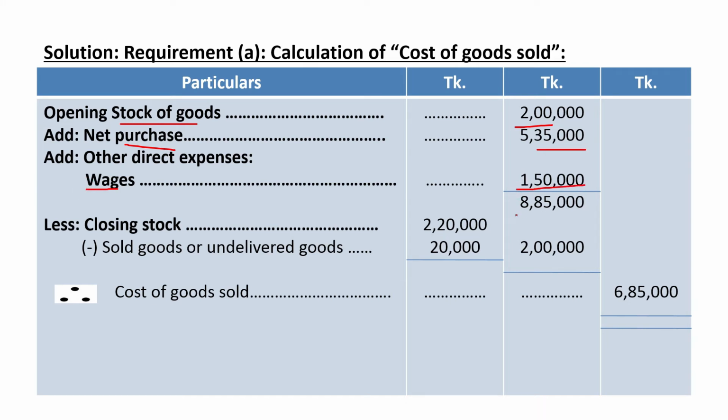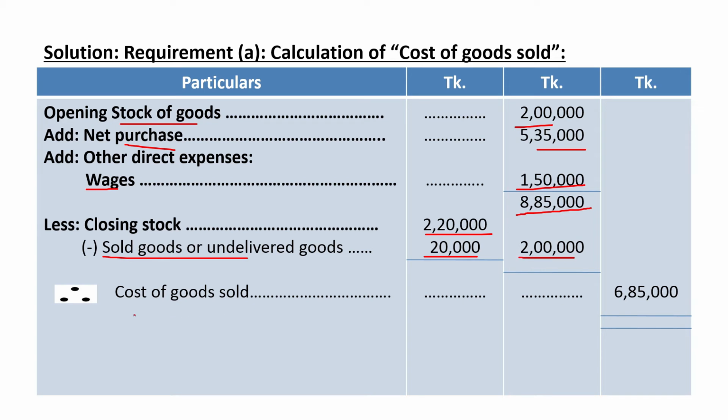So total 8,85,000 taka. This is called goods available for sale, minus closing stock 2,20,000 taka minus sold goods or undelivered goods 20,000 taka. So net closing stock 2 lakh taka.